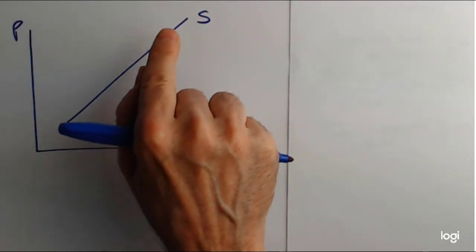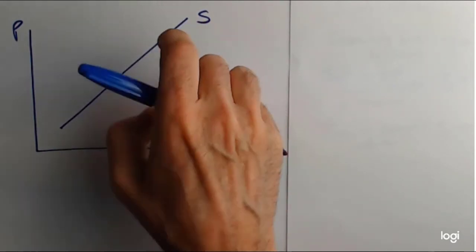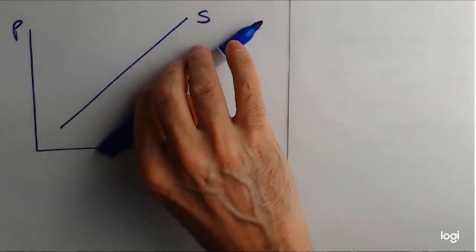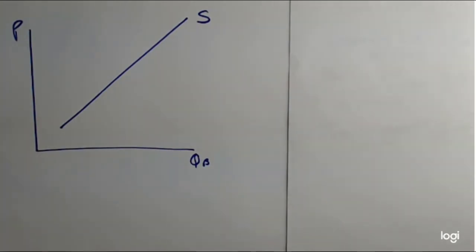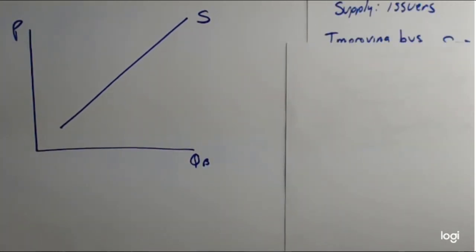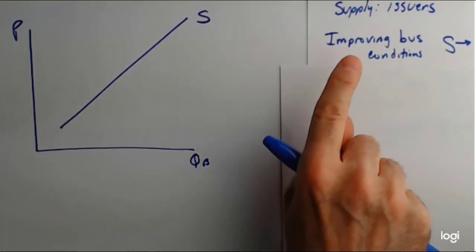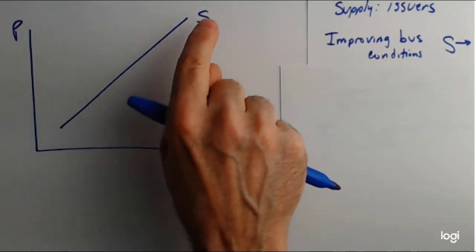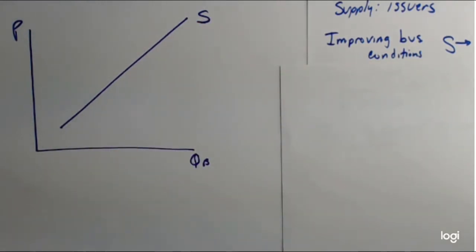So the next question becomes, what drives this supply curve to the left or to the right? Keep in mind, where does the supply come from? It comes from issuers. Who are issuers? Well, businesses, corporations that issue bonds. It could be municipalities. It could be governments. They're the primary issuers of bonds.